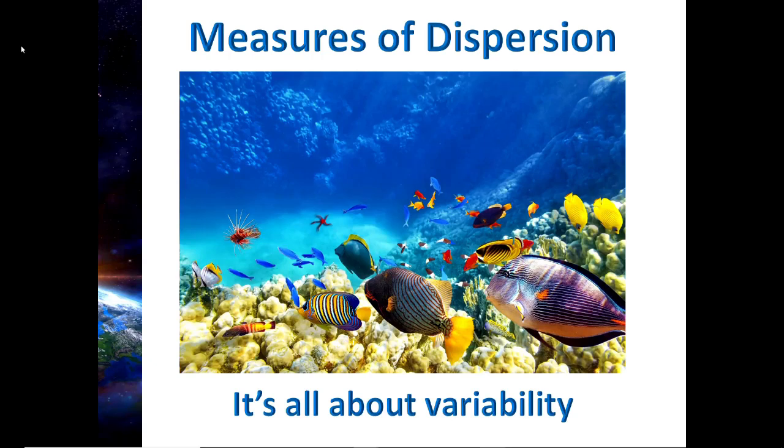Let's talk about why this slide might represent variability or a measure of dispersion. If we look at these fish, we see that they're all different shapes, sizes, and colors.